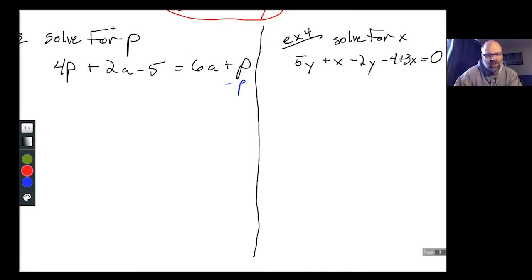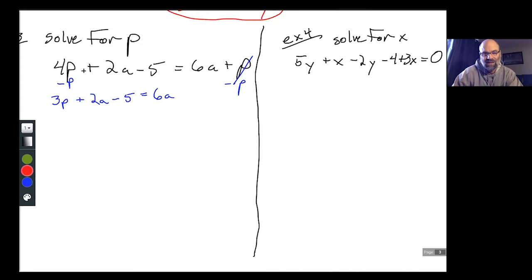So combine it with what's already over there, the 4p. So 4p and negative 1p is positive 3p, okay? So that's what's on the left. So you got rid of it on the right side, and then you just combined it with what was on the left side, and you're still left with 2a minus 5, and you're left with 6a on the right side, okay? So step 2 is done because you only have one variable you're solving for. So you got rid of the smaller variable term.